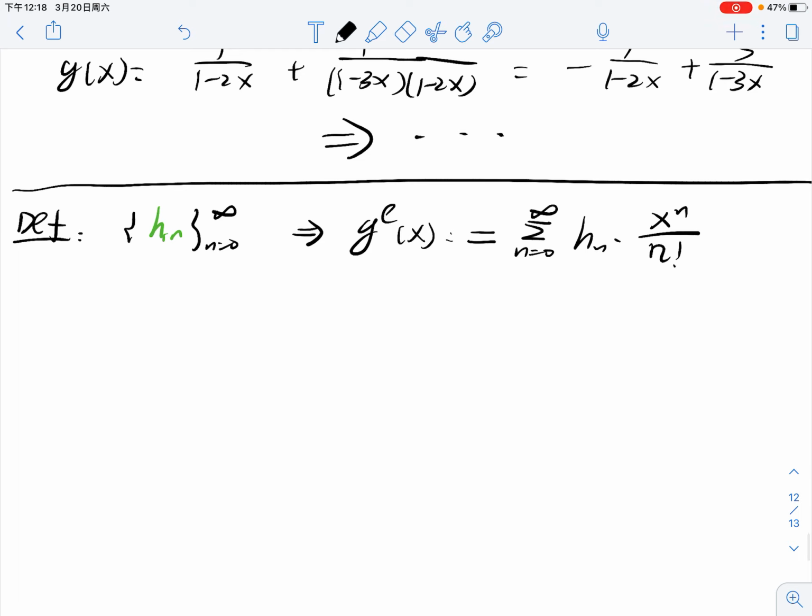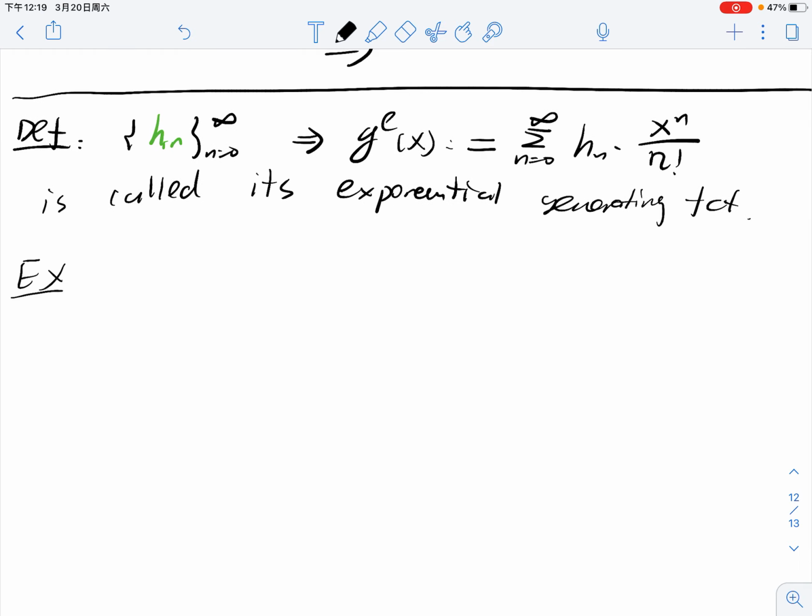In other words, you normalize the sequence before you put it into the generating function. It's called the exponential generating function.